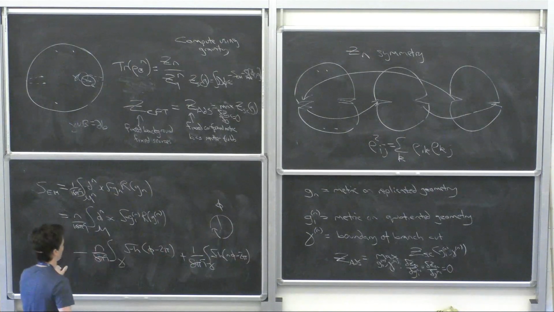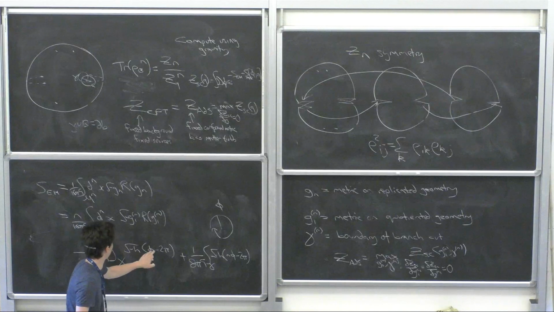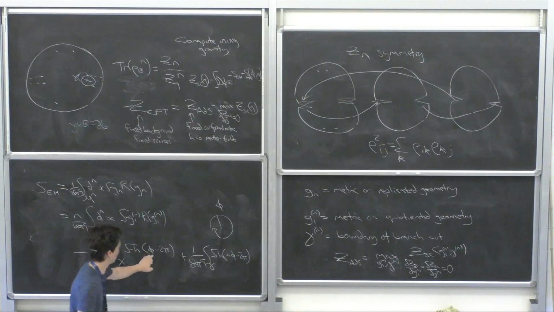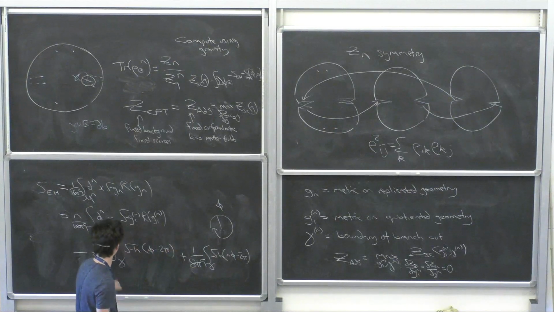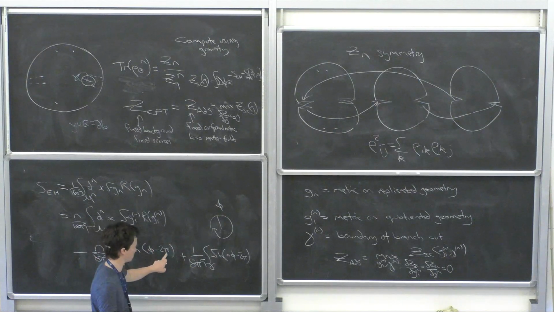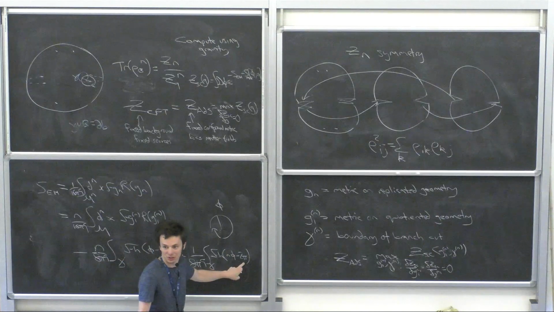Okay? Amazingly, the n phi here and the n phi here cancel out. But what doesn't cancel out is we have n times minus 2 pi here, whereas we only have minus 2 pi here.